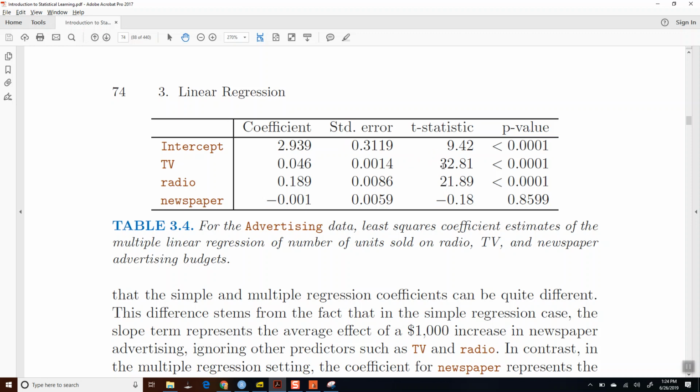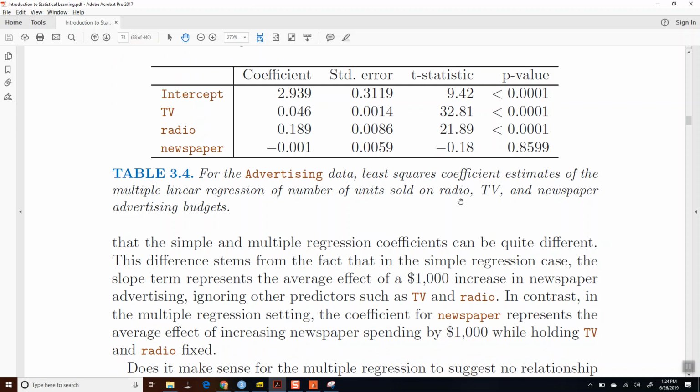And when we do that, we can get p-values, and we find that when we did our analysis, we get significant values for TV and radio, but not for newspaper, okay?